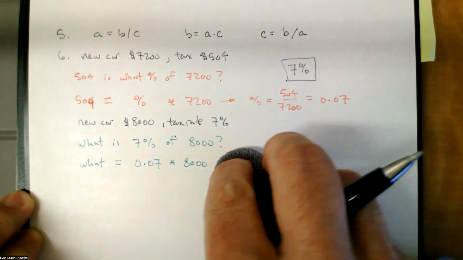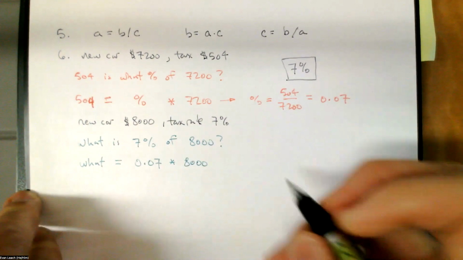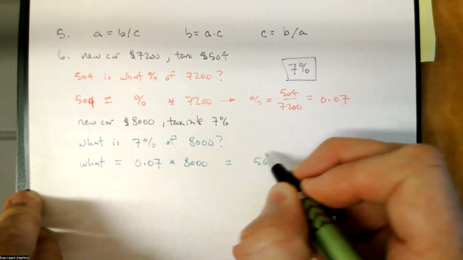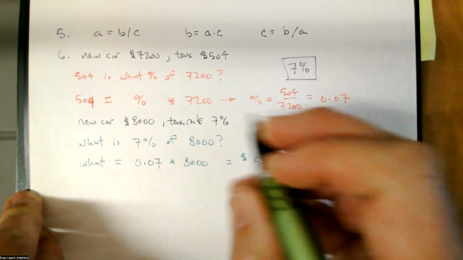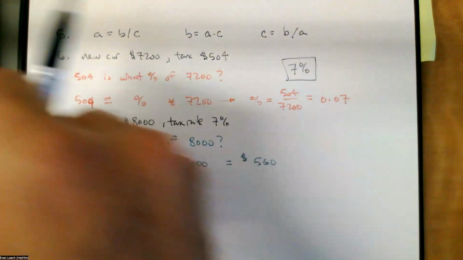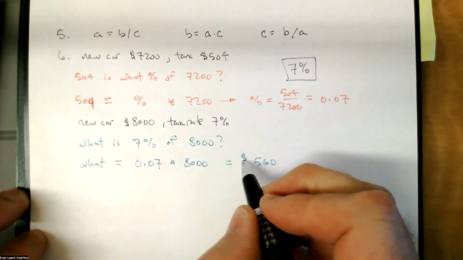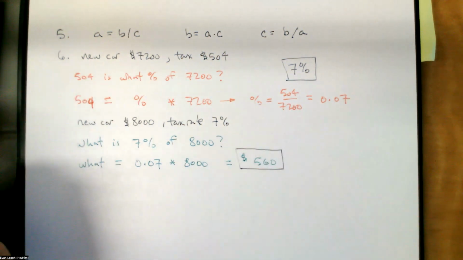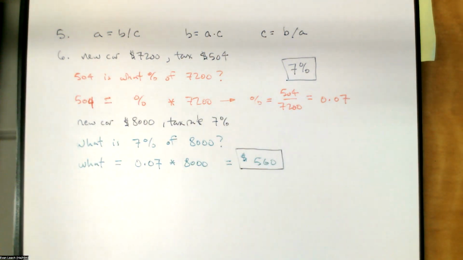Extend my equation because I don't have to rearrange anything. Seven times 8 is 56. 2 zeros back, 3 zeros forward, 1 zero net.